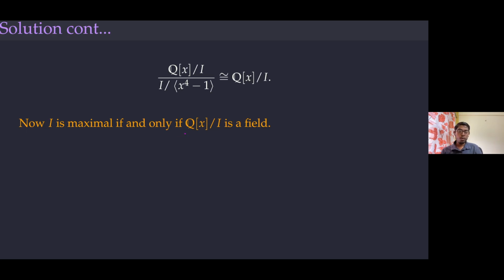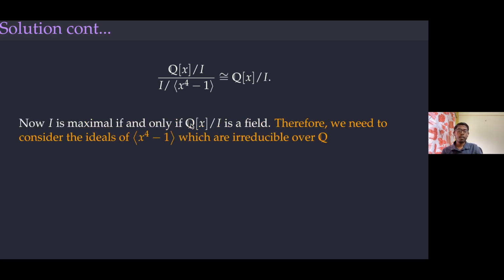Since this is a PID, we need to consider the ideals generated by polynomials irreducible over Q. So since Q[x] is a PID, the ideal generated by an irreducible element will be maximal.